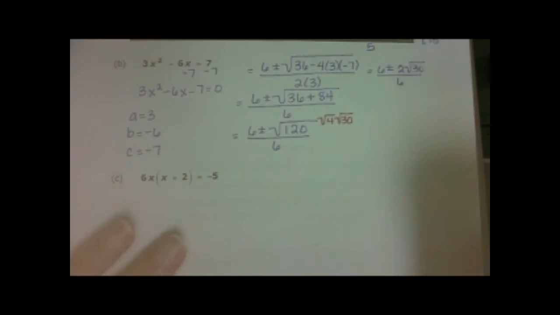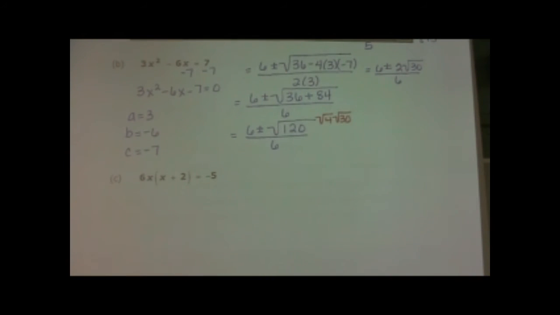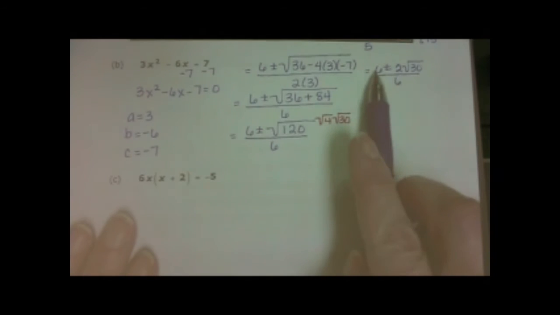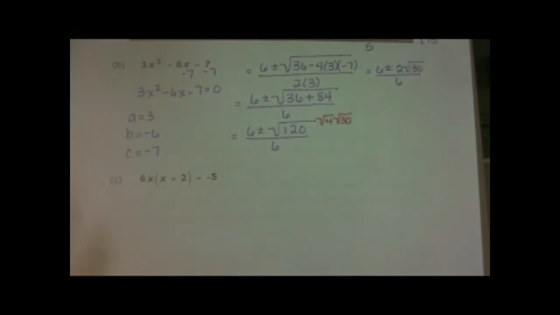over 6. Now, to get this in simplest radical form, notice that this, and this all divide by 2. So let's factor a 2 out from our numerator. And that'll give us in parentheses 3 plus or minus the square root of 30.